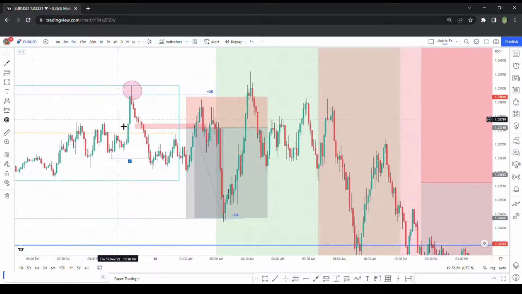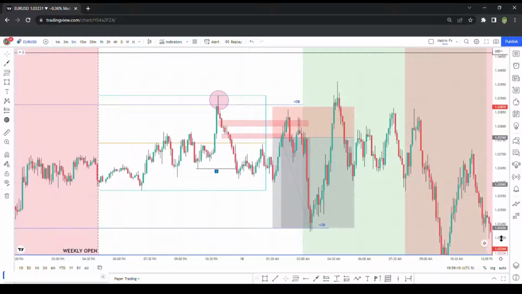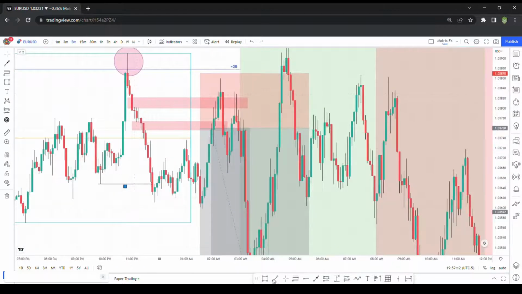Now, in the mentorship, ICT explained that whenever you have a fair value gap above your level of entry, your stop loss must always cover that fair value gap. Now, if you notice, this is a fair value gap right here. This is another fair value gap right here.